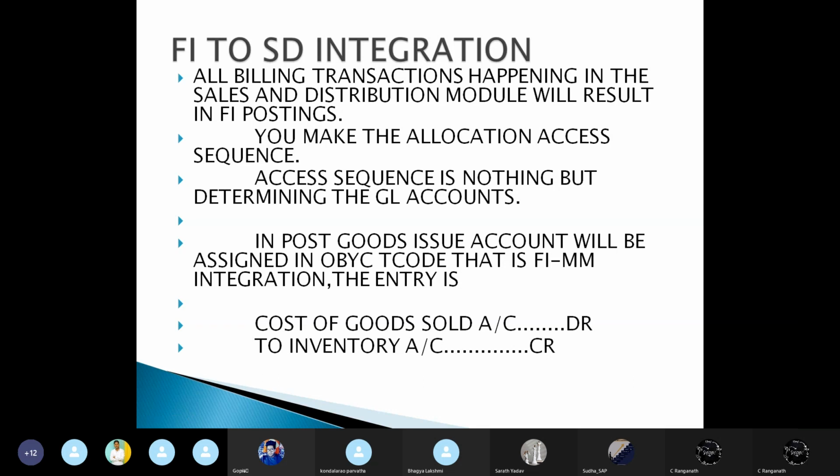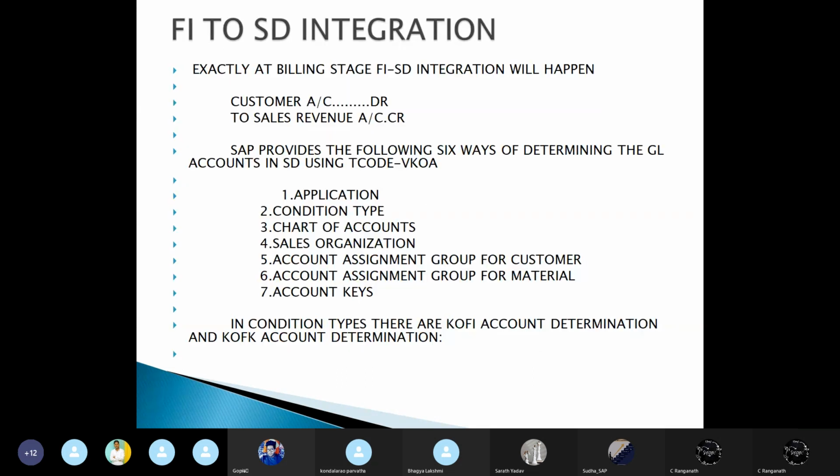The entry is cost of goods sold account debit to inventory account. And next, exactly at the billing stage, FI to SD integration happens: customer account debit to sales revenue account.